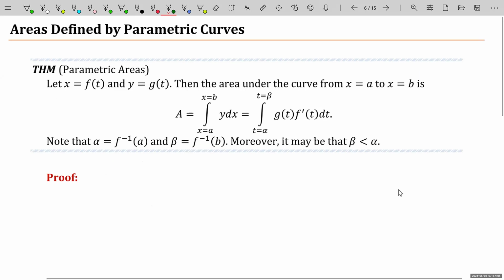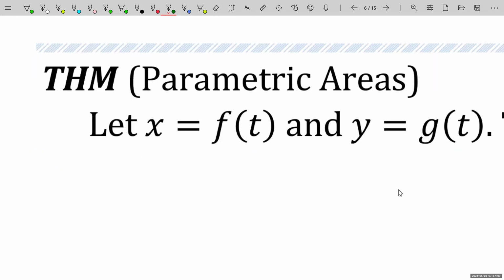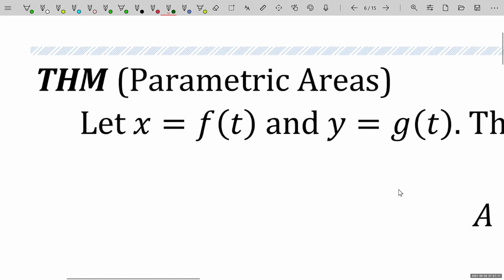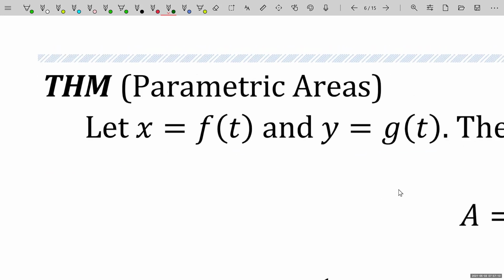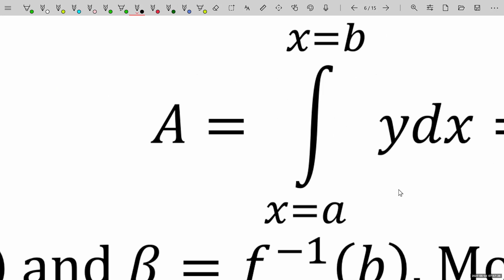So start with the assumption that x is a function of time and y is a function of time. It's just x is equal to, we're going to call it f of t, and y we're going to call g of t. They're both functions of time. Well, we know the area underneath the curve normally is the integral from x equals a to x equals b of the y value dx, right?